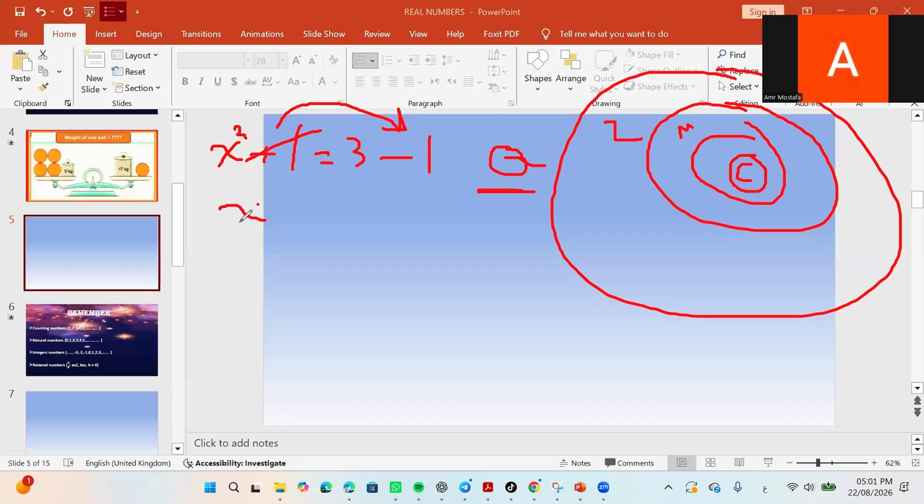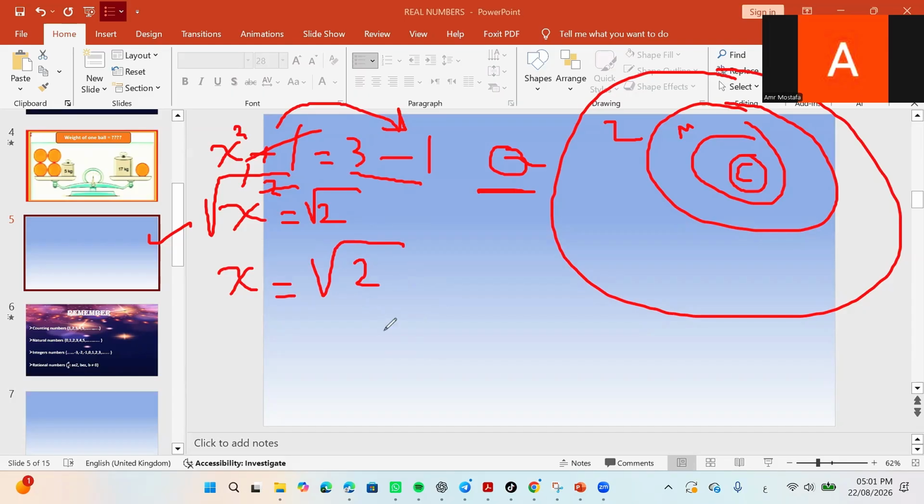So x power 2 equals 3 minus 1, 2. This is x power 2. So I want to take the square root of both sides. Square root cancelled by power 2. So x will be equal root 2.